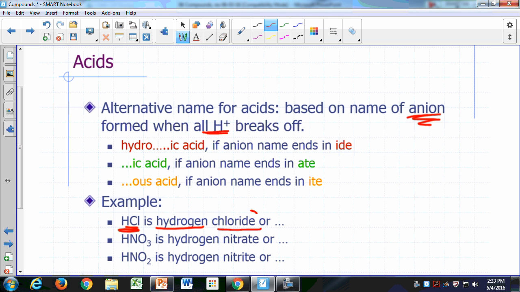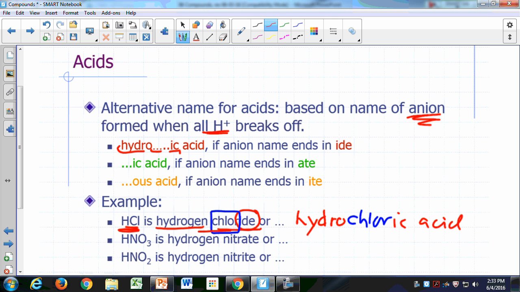If the name of the ion ends in ide, then the alternative name of the acid would have hydro in front, then this stem, chlor without the ide, and then you put ic acid. So hydro something ic acid is the same thing as hydrogen something ide. Hydrogen chloride is the same thing as hydrochloric acid.